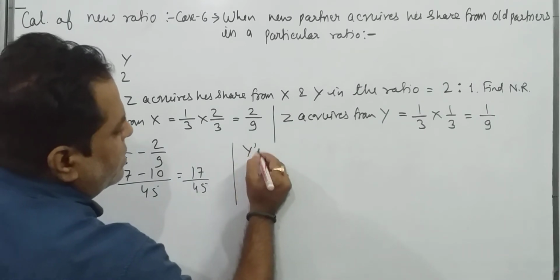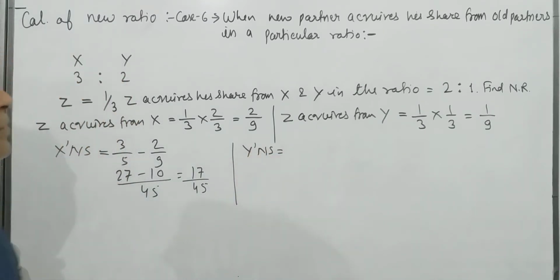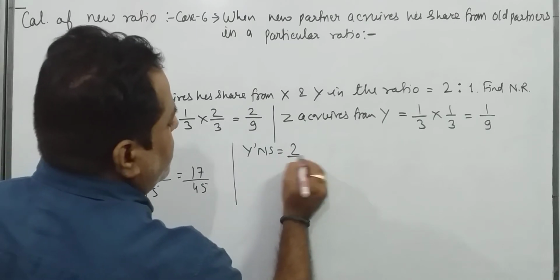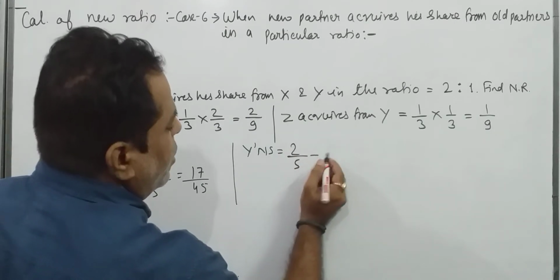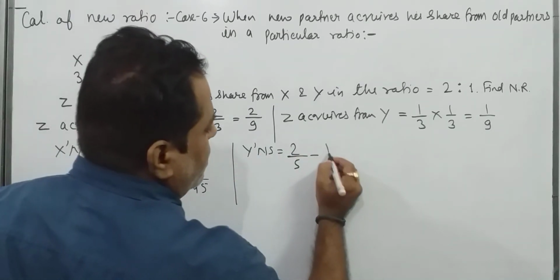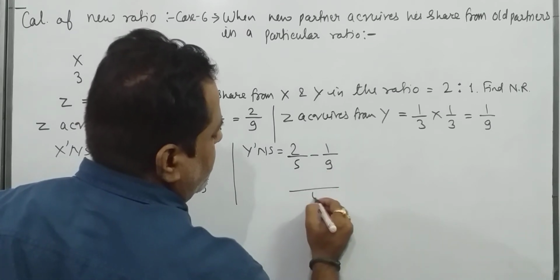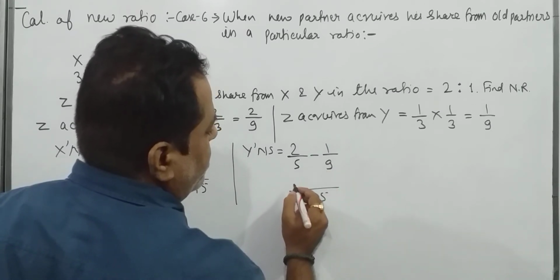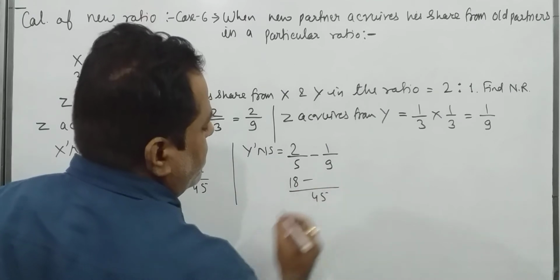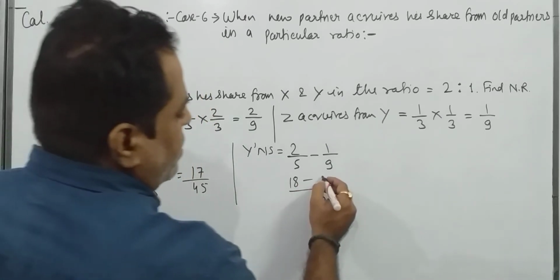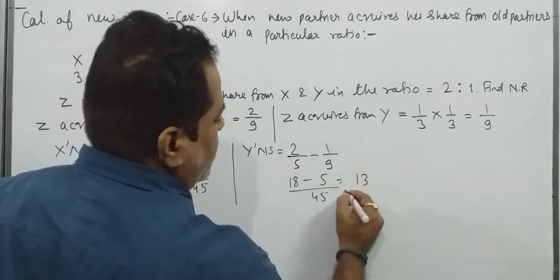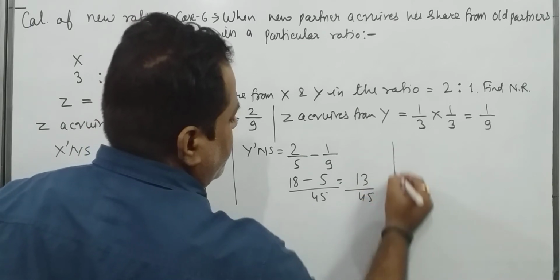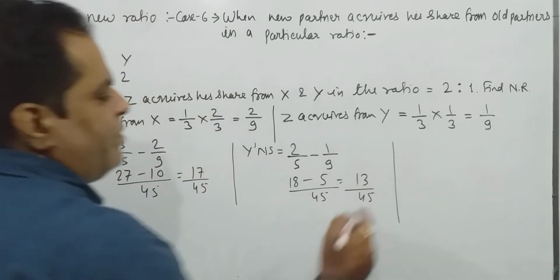Now Y's new share. What is the old share? 2 upon 5. How much is Y sacrificing? 1 upon 9. That gives 13 upon 45. This is Y's new share.